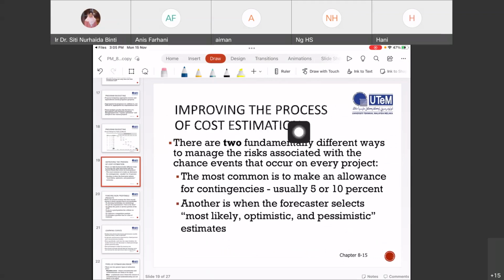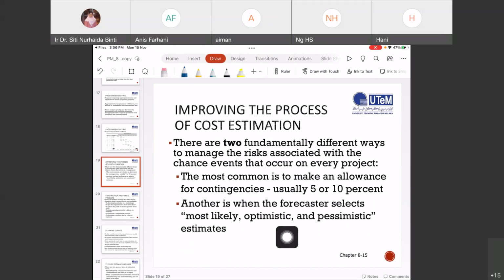So, improving the process in cost estimation: there are two fundamentally different ways to manage risk associated with the chance events that occur on every project. The most common is to make an allowance for contingencies, usually 5 to 10%. Another is when the forecaster selects most likely, optimistic, and pessimistic estimates.